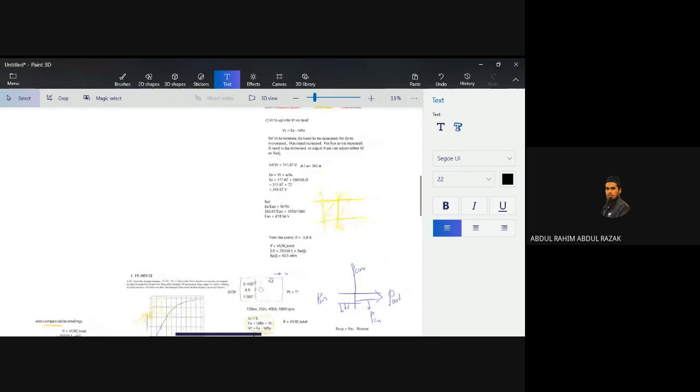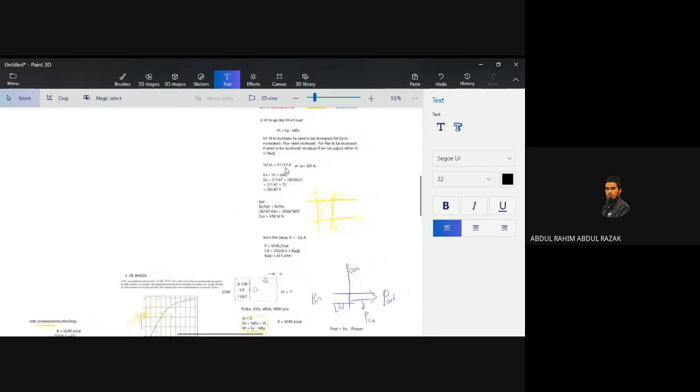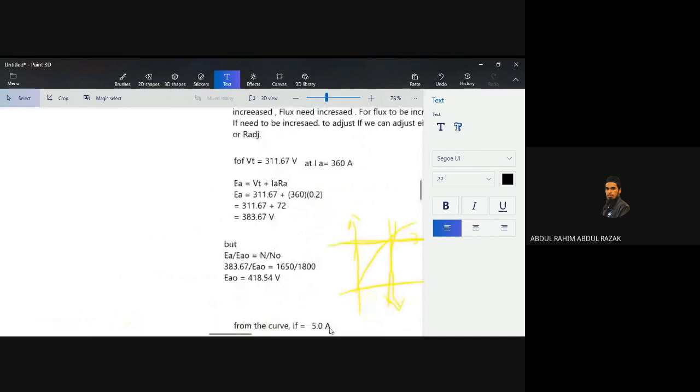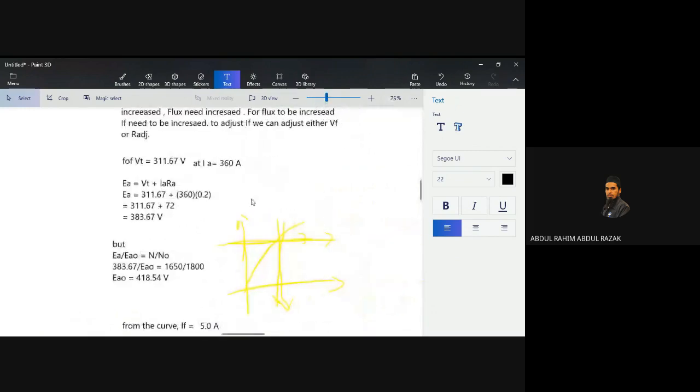So for VT to increase to 311.67 volt, compared to the previous values, at the current armature current of 360 ampere, you need to get the internal voltage of 383.67 volt.